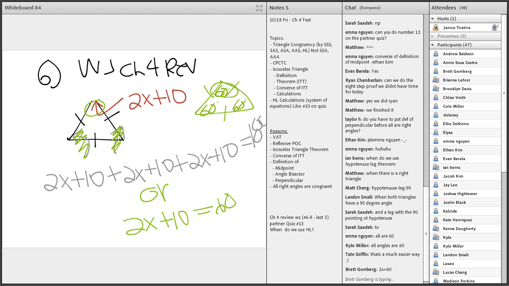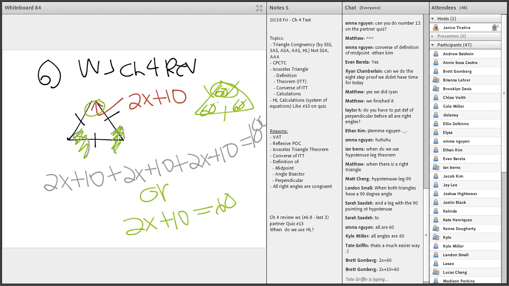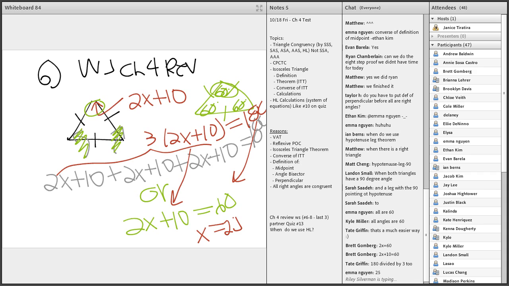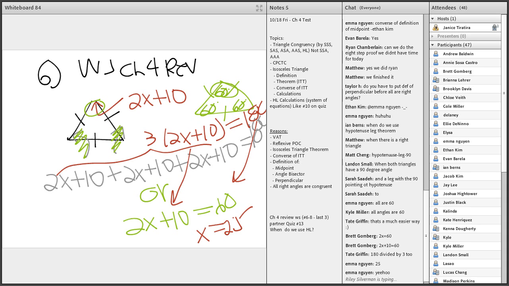It's really the same thing because this top equation up here is the same as 3 times 2x plus 10 equals 180. It's the same exact thing. It's just putting it in a different perspective. And if you divide both sides by 3, we're going to get 60, and we're going to get 2x plus 10. So in this case, our final answer will be 25. Okay, that's number 6 from one of the handouts.